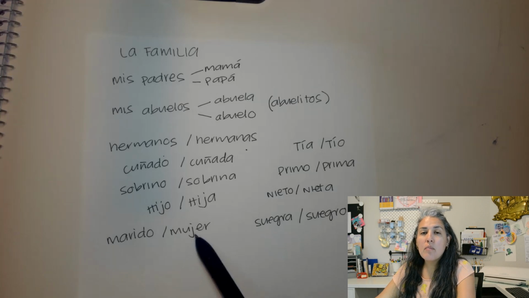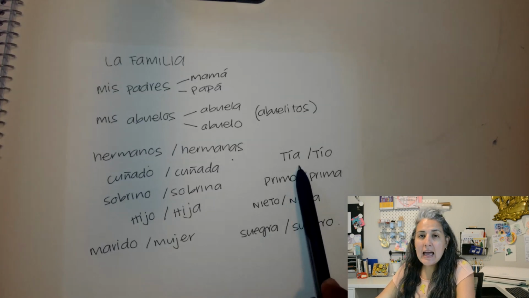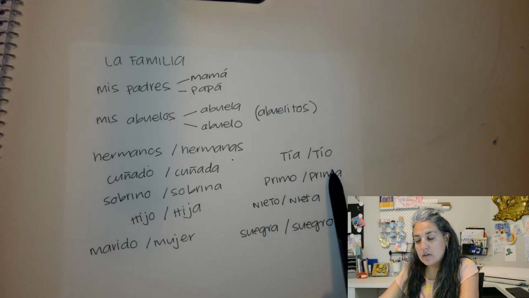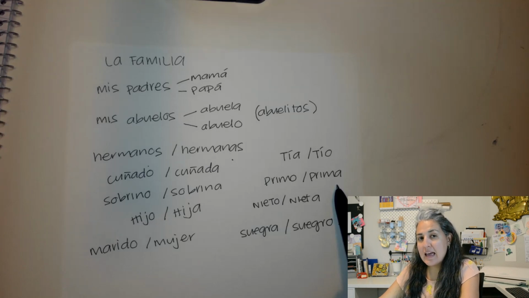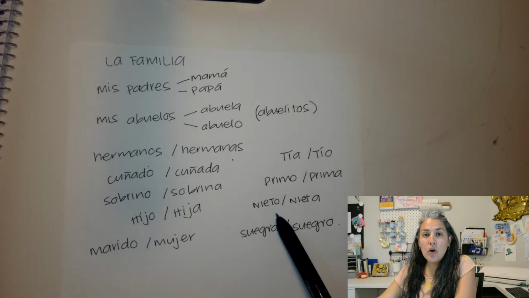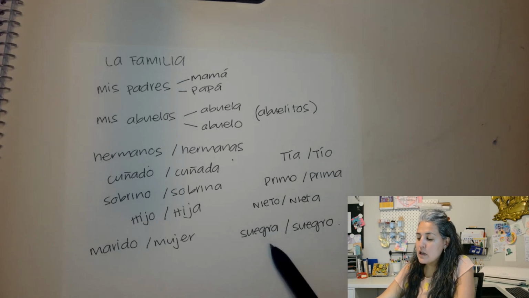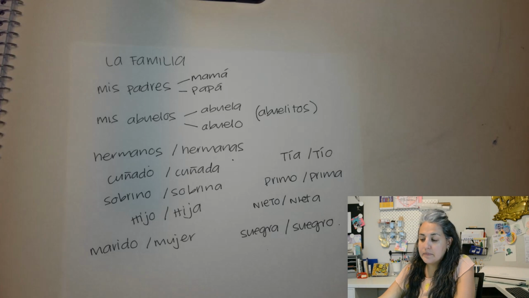Marido, mujer, husband and wife. Tía, tío, aunt and uncle. Primo, prima, cousin, girl, boy. Nieto, nieta, granddaughter, grandson. Suegra, suegro, your in-laws.